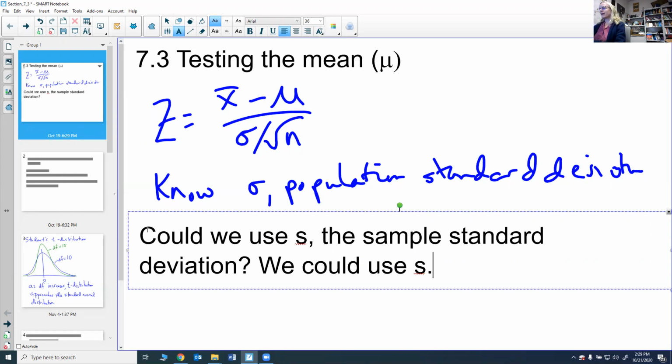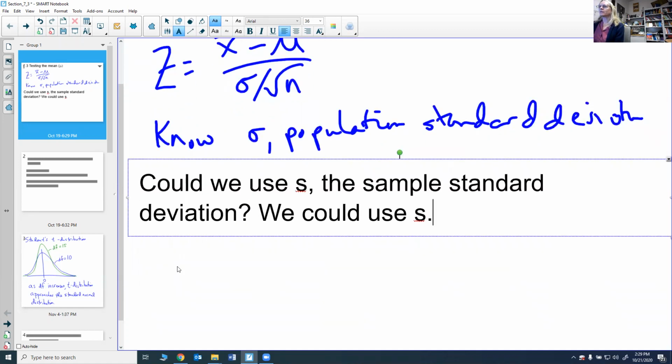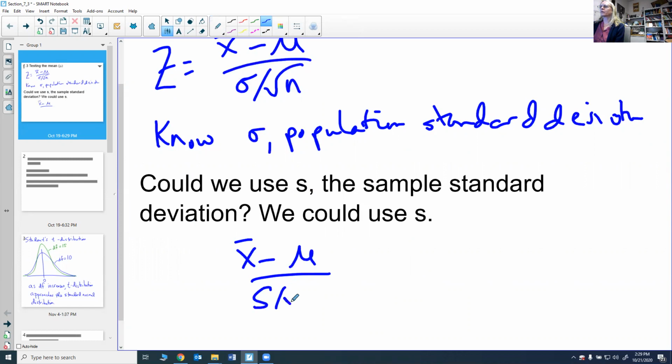But in that case, could we still use the same thing? X bar minus mu over S over the square root of n, is it still normal?